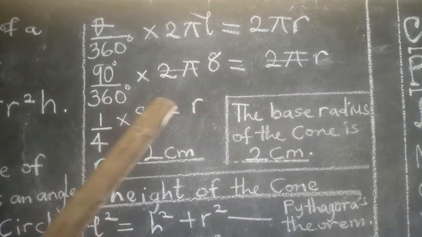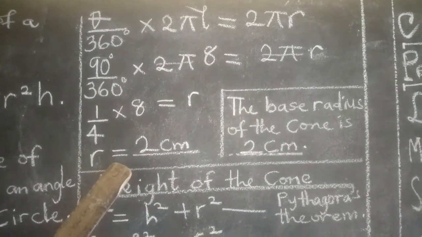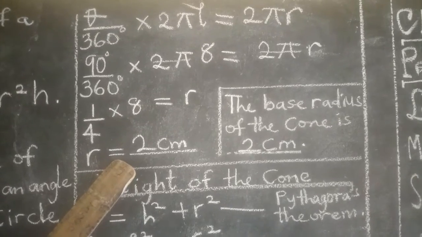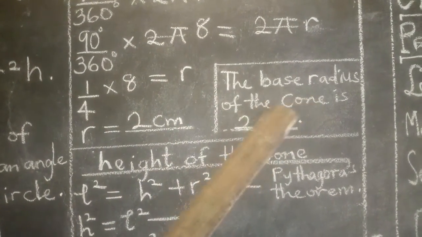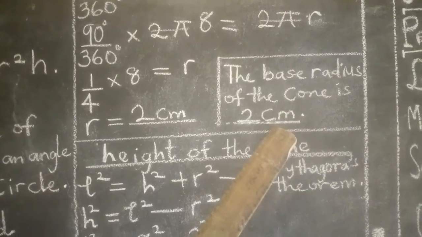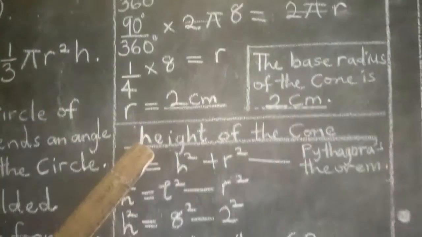So the radius is 2 centimeters. The base radius of the cone is 2 centimeters. Let's be careful with the calculation.